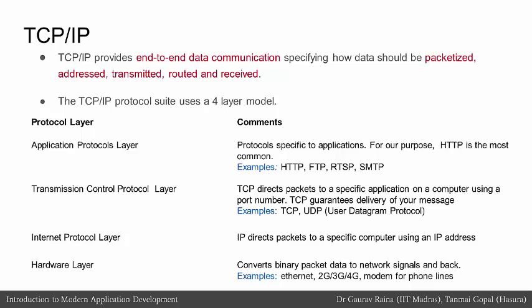At the IP layer, IP directs packets to a specific computer using an IP address. And at the hardware layer, this converts binary packet data to network signals and back. For example, you've got Ethernet or 2G, 3G, 4G, or a modem for phone lines, etc.